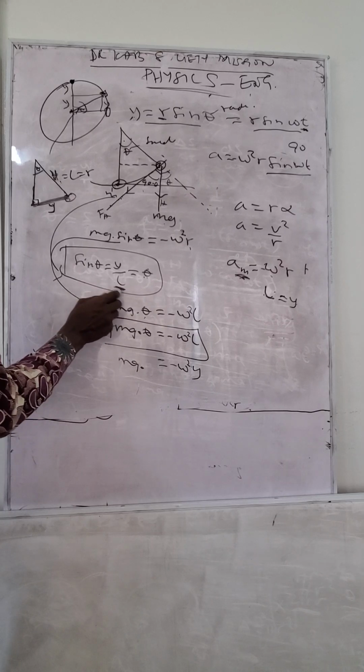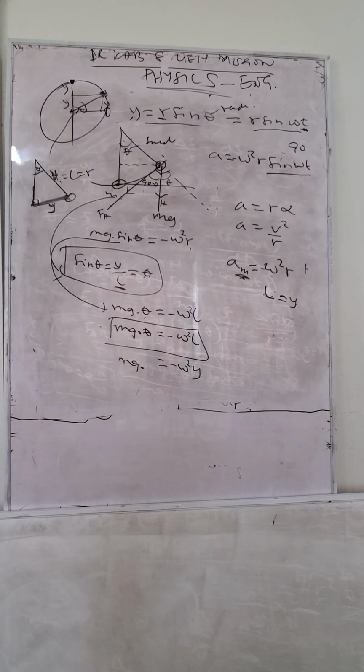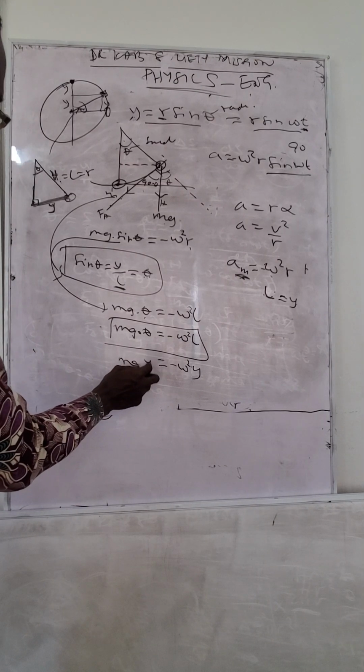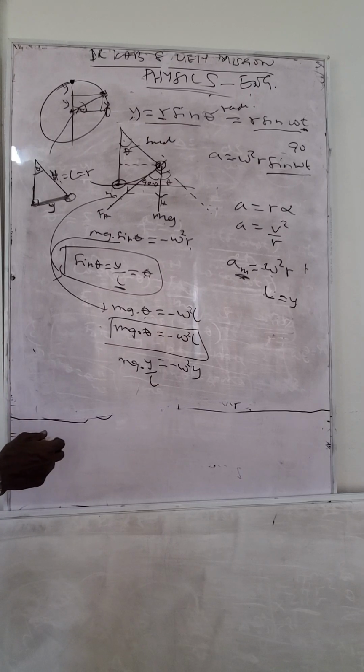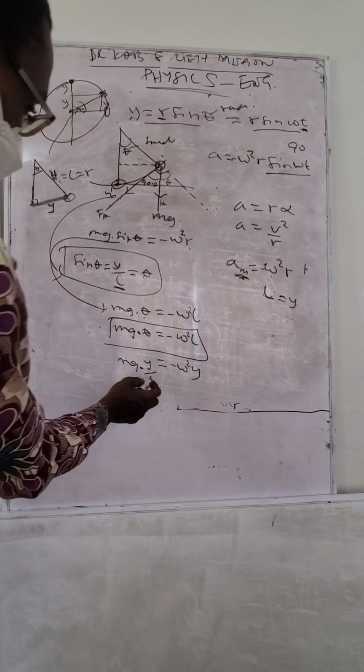We have already said this expression is equal to theta. So from here, we're going to have your y over your L. Okay? And then we're going to have our last part here.